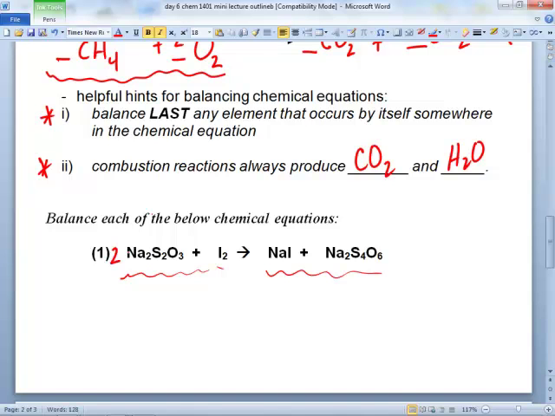Now what could you do next? Sulfur. Okay. How many sulfurs, Bianca, on the reactant side? 4. And keep going. How many sulfurs on the product side? 4. Oh, good. Let's leave those sulfurs alone. Gloria, now what?